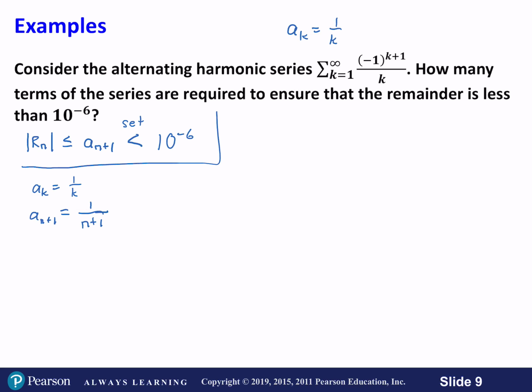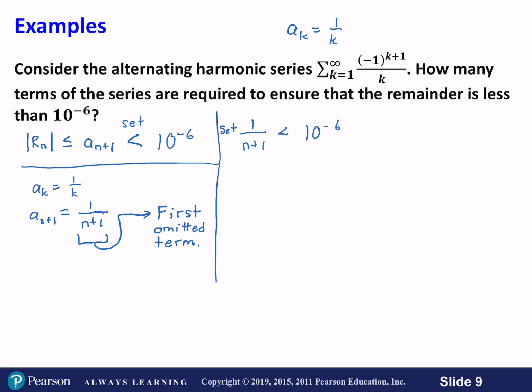And this is defined to be, once again, the first omitted term. Okay, so now let's set 1 over n plus 1 less than 10 to the negative sixth and solve for n.